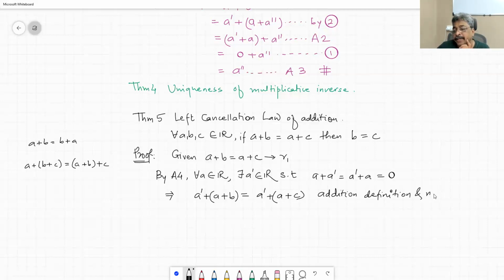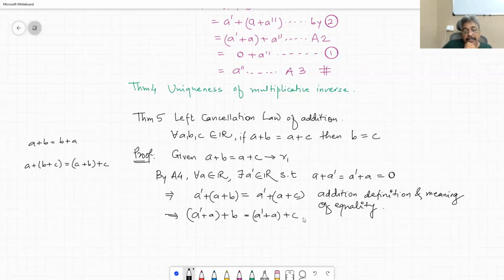And meaning of equality allows us to say that you can add the same quantity to both sides of equality. It is going to be a new number, but with two different names. Good. That means A dash plus A plus B is equal to A dash plus A plus C.